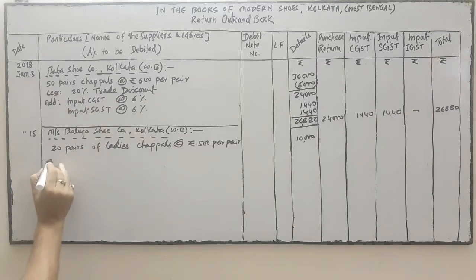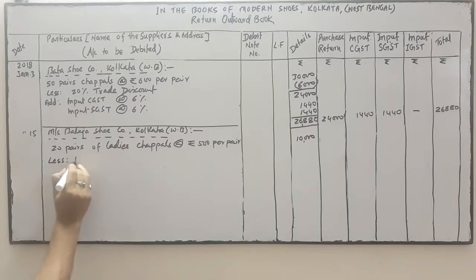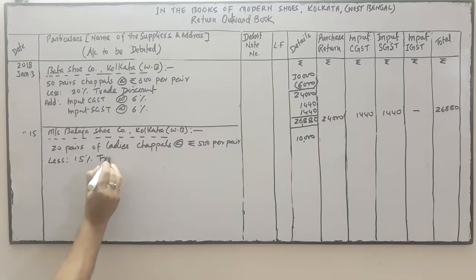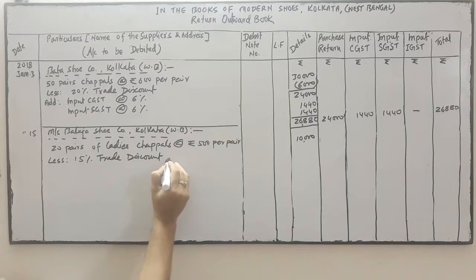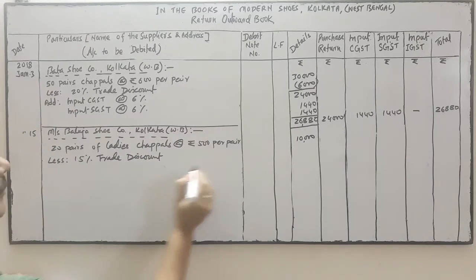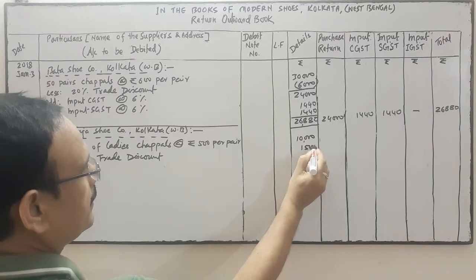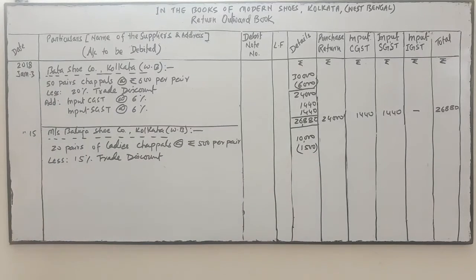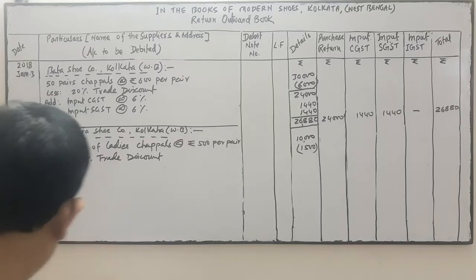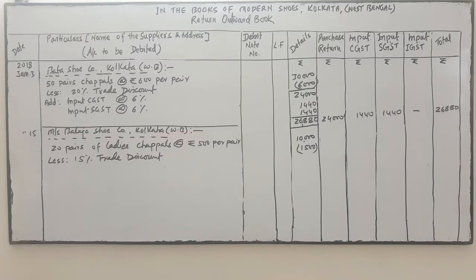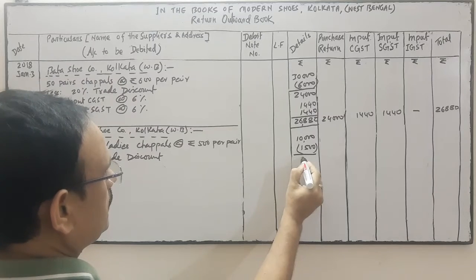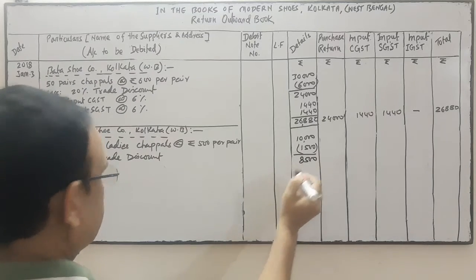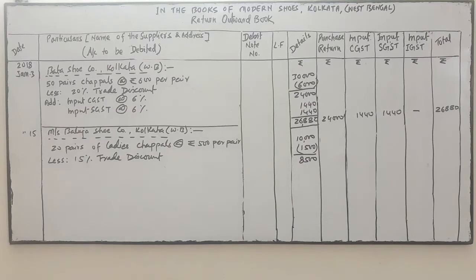Trade discount is given over here, less 15% trade discount. 15% of 10,000 is 1,500. After deduction, it is 8,500.